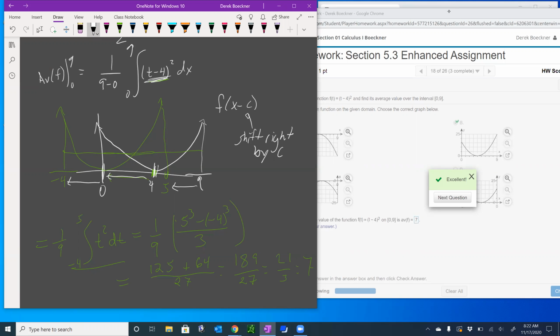You can do it by expanding it out and then doing each of the pieces too. It just, this was a little shorter. Should we do it by expanding it out? No, that's all right. Okay.